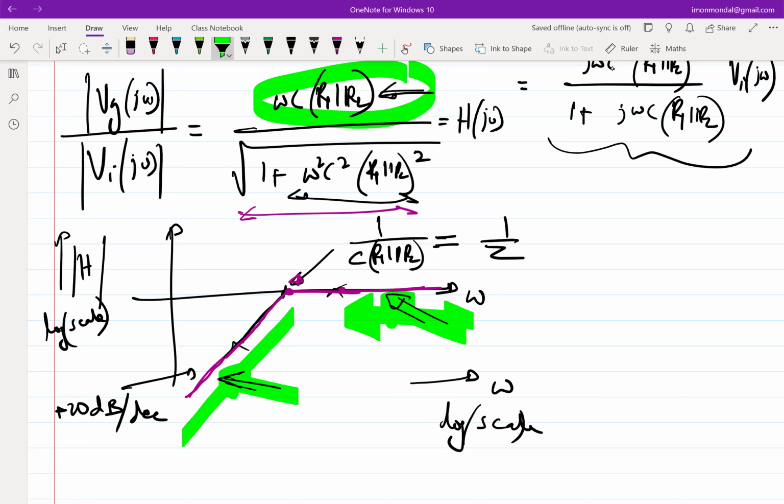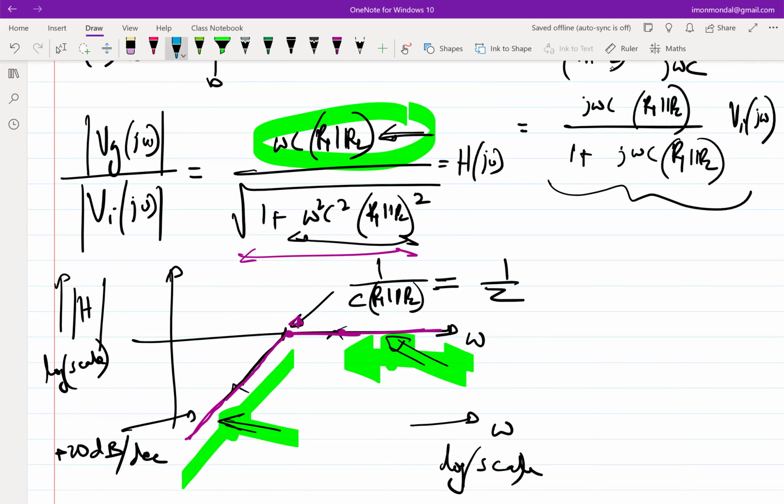You mean this part? Okay. At very low frequency, how do you approximate this?